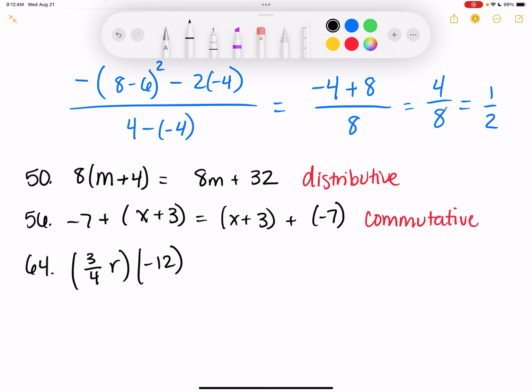If I just gave you that, how would you combine that? You just multiply them, yes. So what would that multiplying give you? -36r over 4, and then can I reduce that? What would that give you if you reduce it? -8 over. Close. -9. Yep, -9r. Good job, Trayvon.